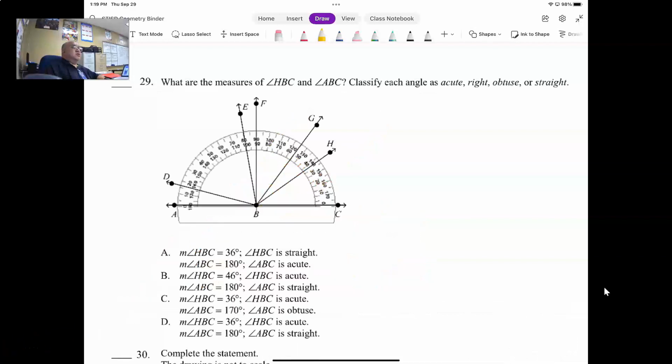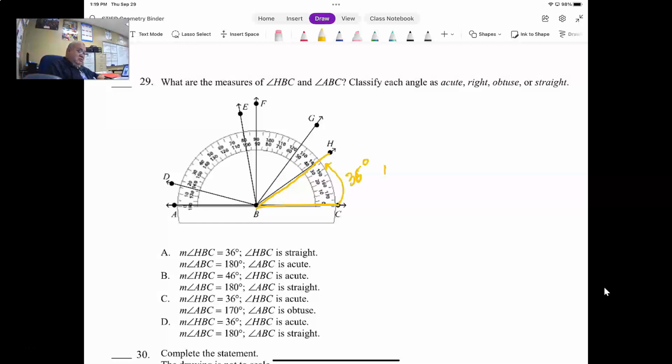What are the measures of angle HBC and angle ABC? Classify each angle as acute, right, or obtuse. So HBC goes from here to here, which is 35 degrees. It appears to be 36 degrees.